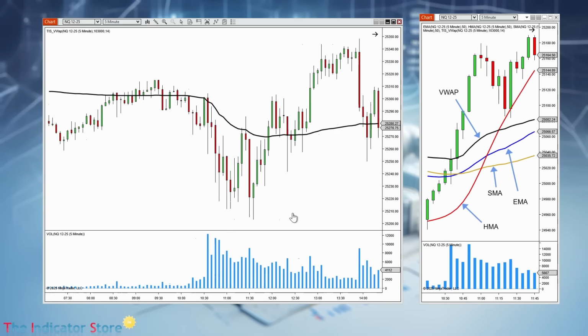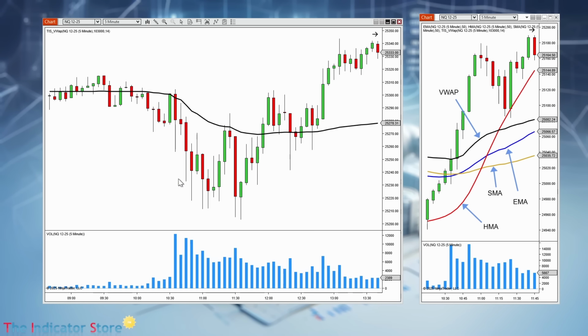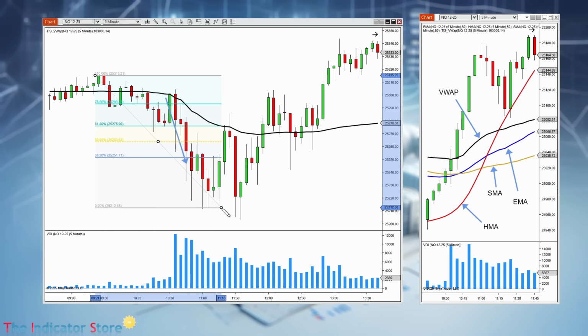This is a good example where we start going down and we can expect a retracement to the 50, for example, but this is on the pre-market, so we have the high of the pre-market, we make a low, and then we have an overlap of the VWAP and the 50 retracement. So this is a perfect trade setup.